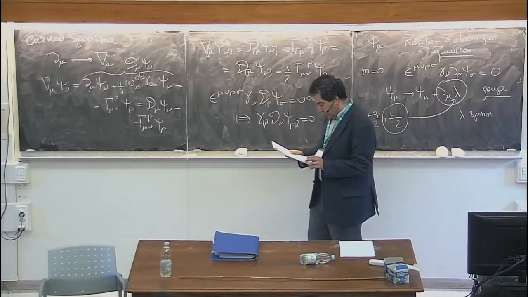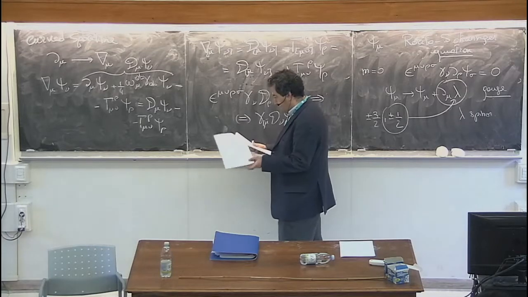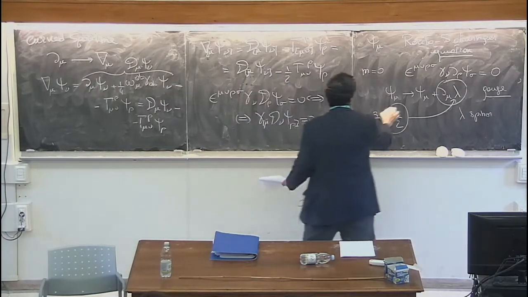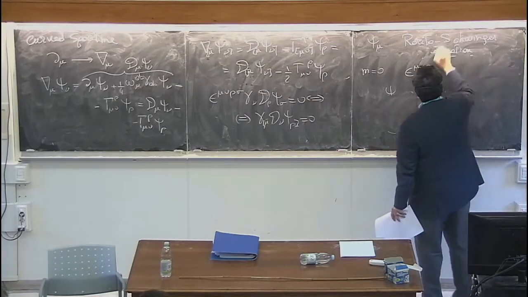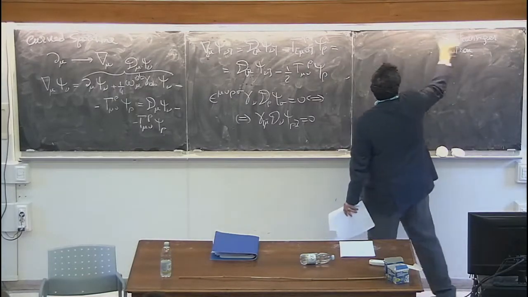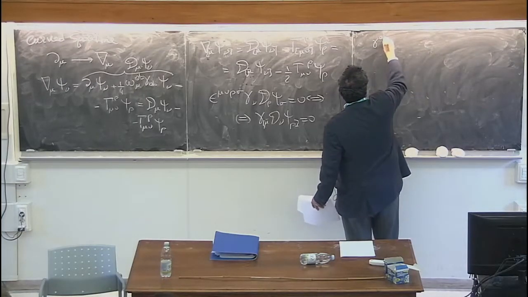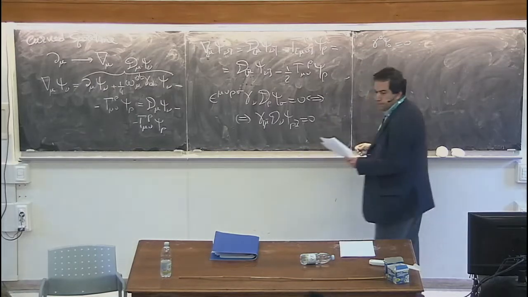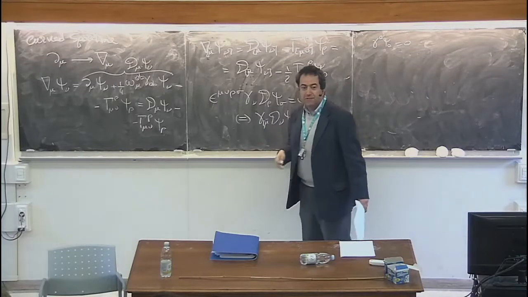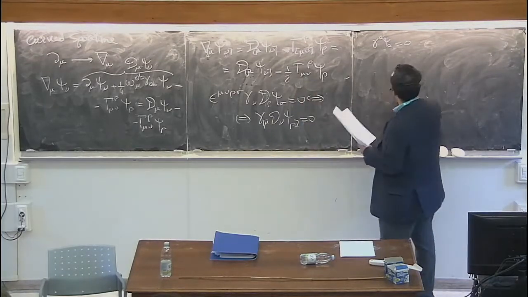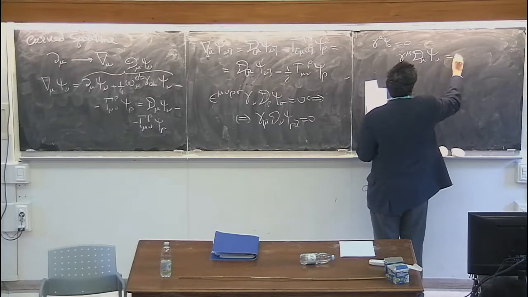Now, you can verify some properties. First of all, if we use the gauge condition gamma a psi a equals 0, then each component of psi satisfies the Dirac equation, gamma mu d mu psi nu equals 0.